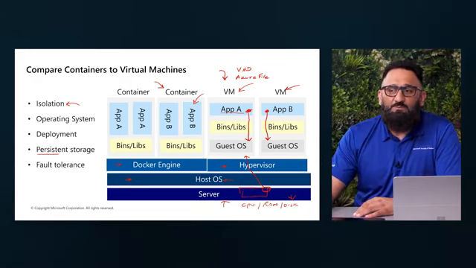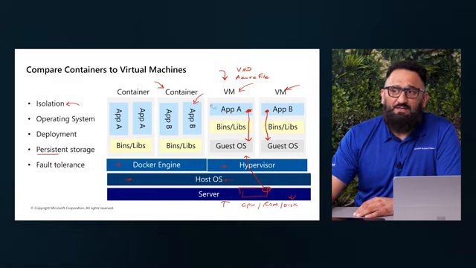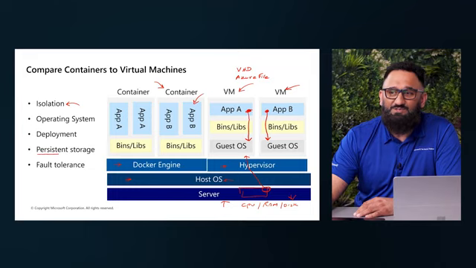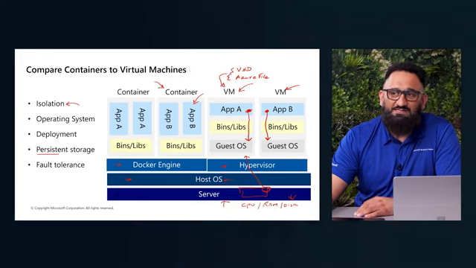Now for this, it will become important for me to start looking at adding persistent storage. In this scenario, I can bring back the solutions that we're using for a virtual machine. So instead of adding it just to the virtual machine, I can think of adding virtual hard disks into my container instances, or I could bring in Azure Files in here as well and map them to my container.